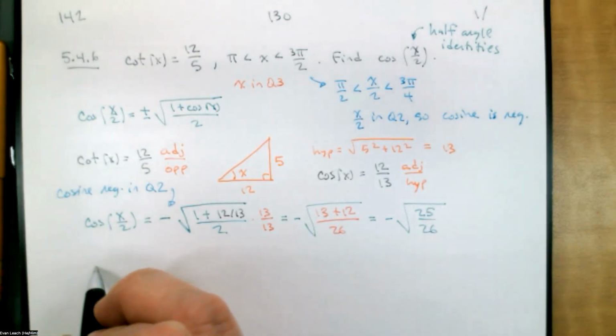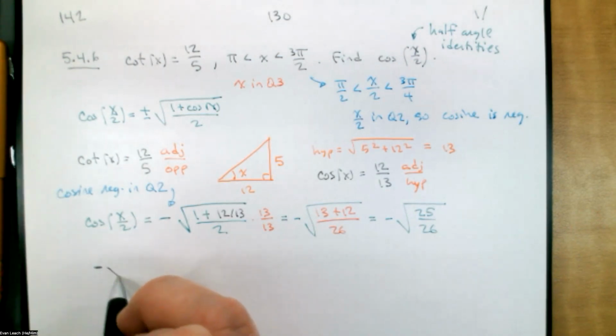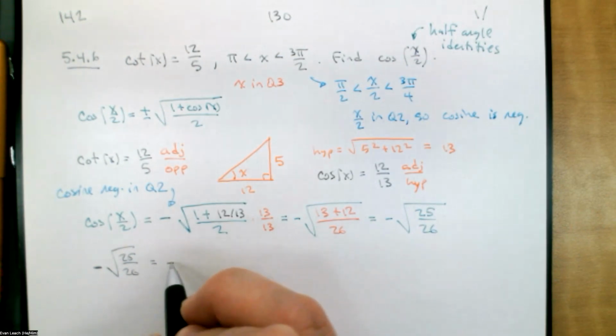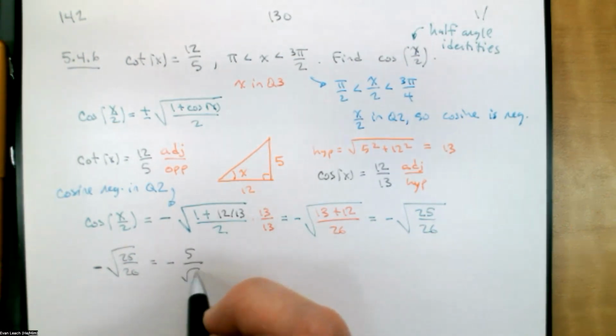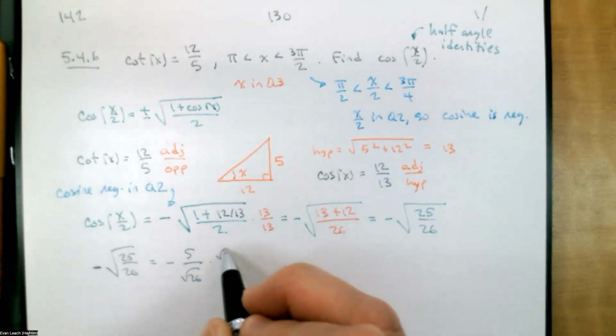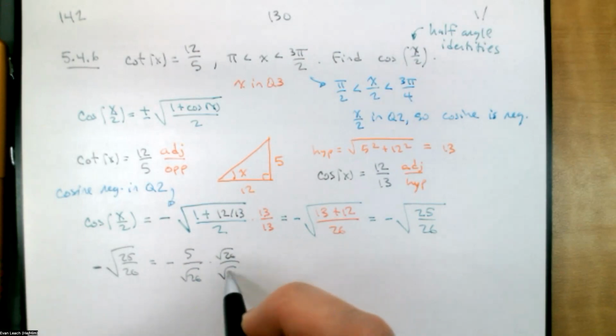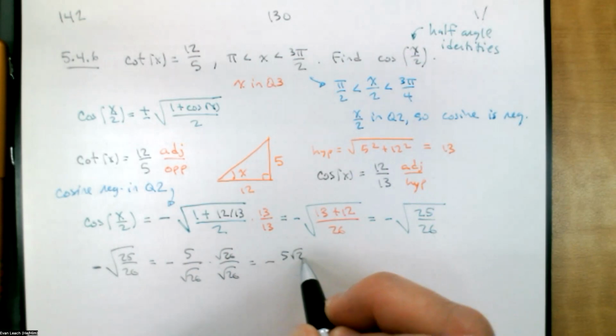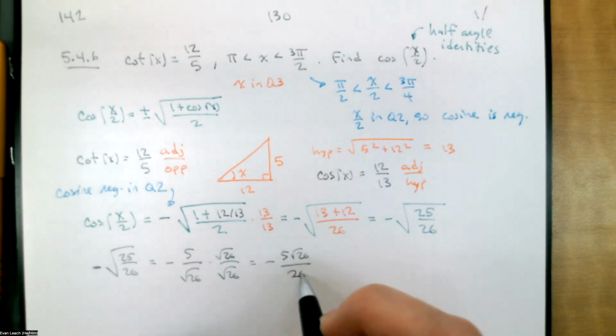So we've got negative root 25 over 26. So it's negative 5 over the root 26. And if we rationalize, but that's not over.